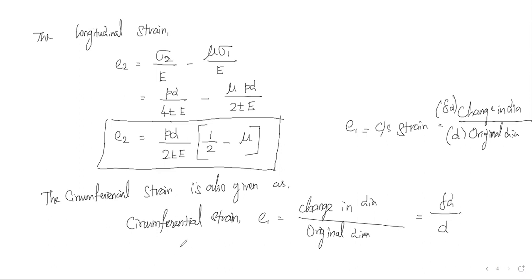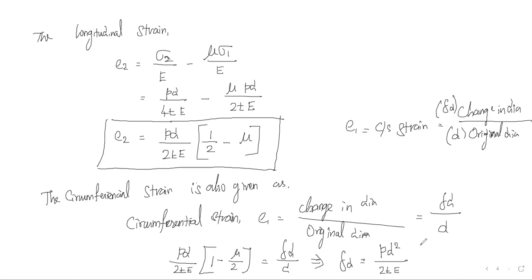Okay, now the formula is PD divided by 2 times T into E, from equation number 1, into 1 minus mu by 2, is equal to del D divided by D. So from this, the change in diameter del D is equal to, D is going to be here, pressure intensity P D squared divided by 2 times E multiplied with 1 minus mu divided by 2.